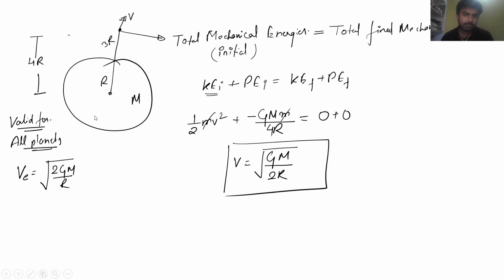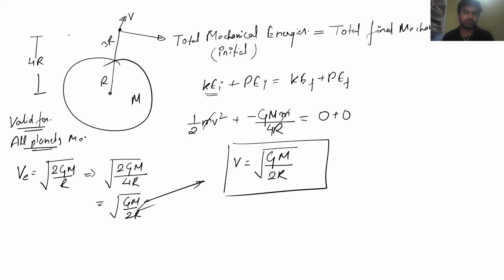Here, with the mass of earth M and the distance from the center of the earth 4r, you'll get the square root of GM by 2r. Same answer. So this is method 2, and that was method 1.